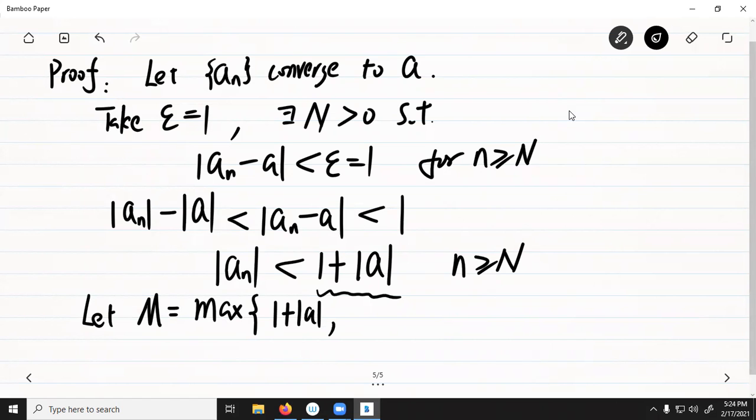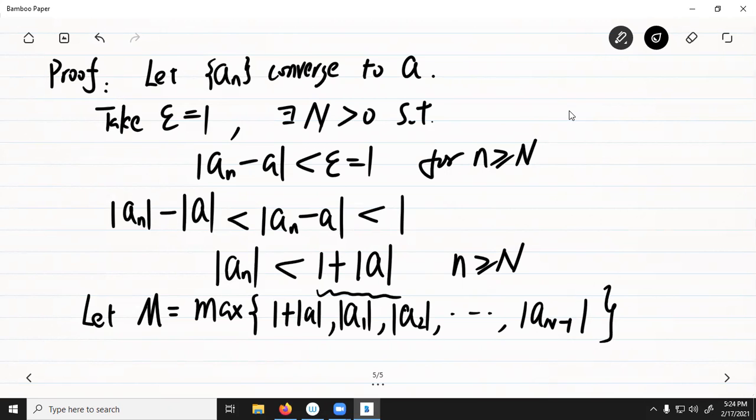But for the other terms, which are the finite terms, the absolute value of A0, A1, A2, up to A capital N minus 1, less than capital N, so it's up to N minus 1. We take the maximum value for these N numbers, right? Because these numbers are finite. We can always take the maximum value, right?